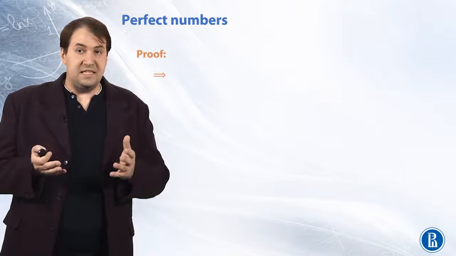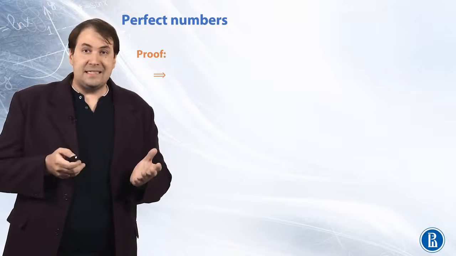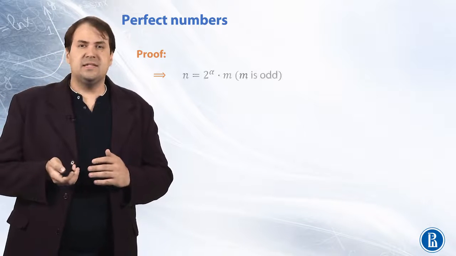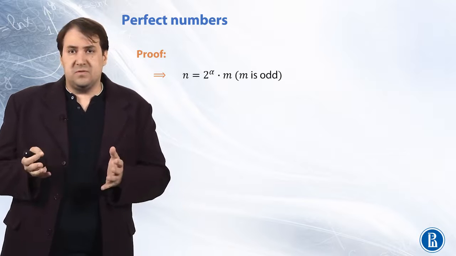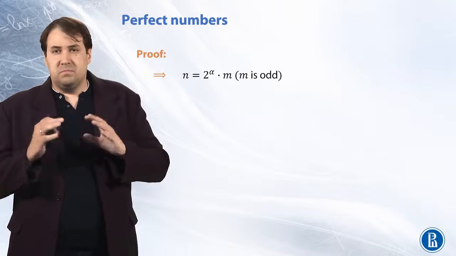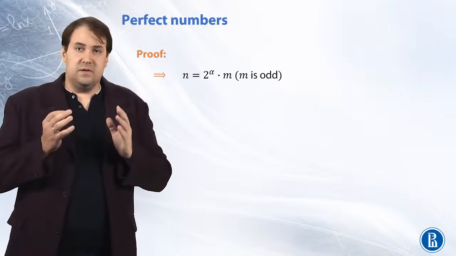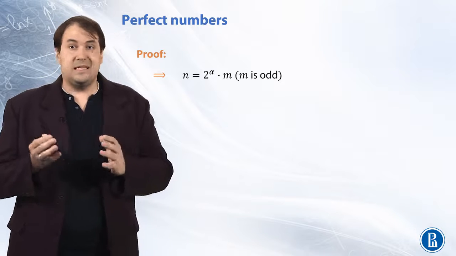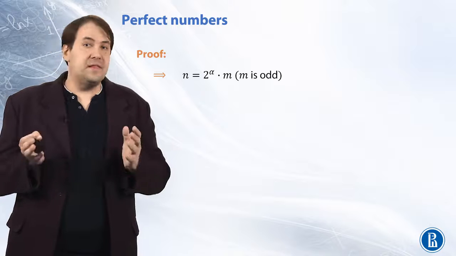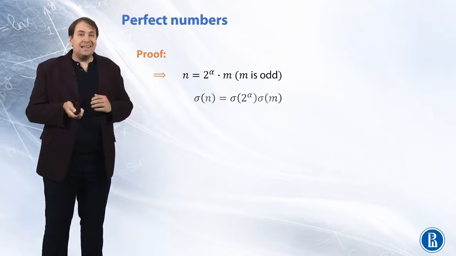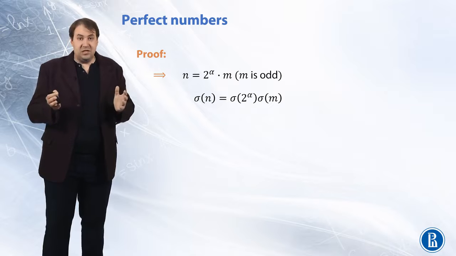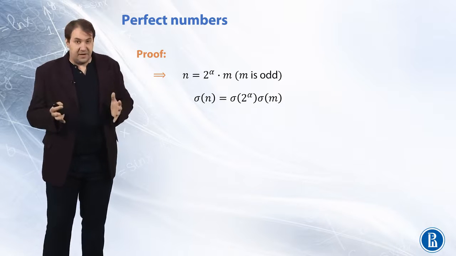Now we need to prove this theorem from the left-hand side to the right-hand side. For that purpose, let us transform the number n into a product of a power of 2 and some odd number m. We understand that every natural number can be represented in this form. And let us write an expression for the sum of all divisors of n.